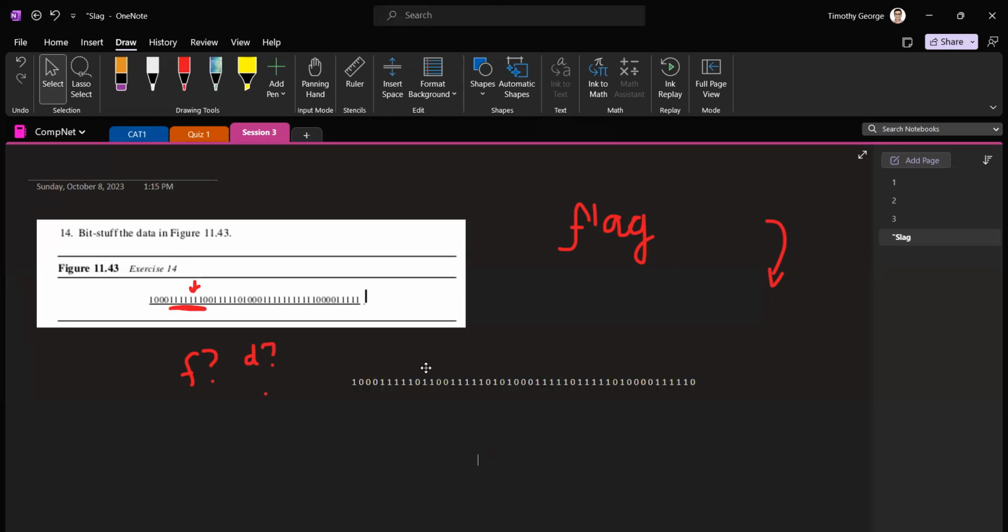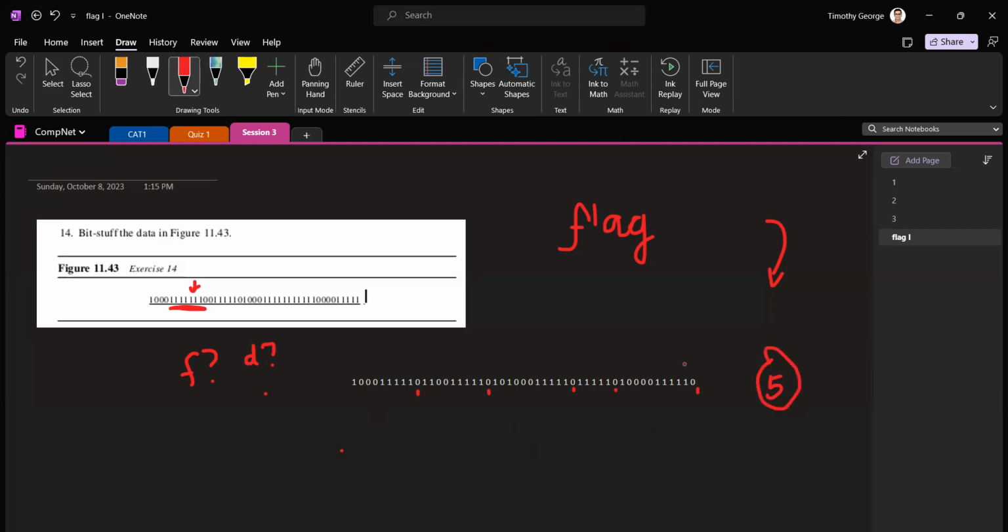That's all that needs to be done. The ones that we added: here we added one, here we added one, here's another one, and one. Any other? No. So a total of 5 were stuffed into this data.